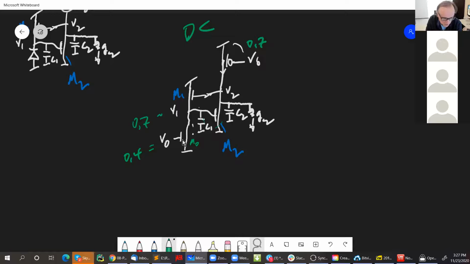So therefore, if we assume that kappa equals 1, we know that V2 minus V1, the VGS of M1, must also be about 0.4 volts. And since V1 is 0.7, V2 must be about 1.1 volts by this reasoning. Everybody follow that? That's how you reason your way around approximately what the DC voltages are in a circuit like this.